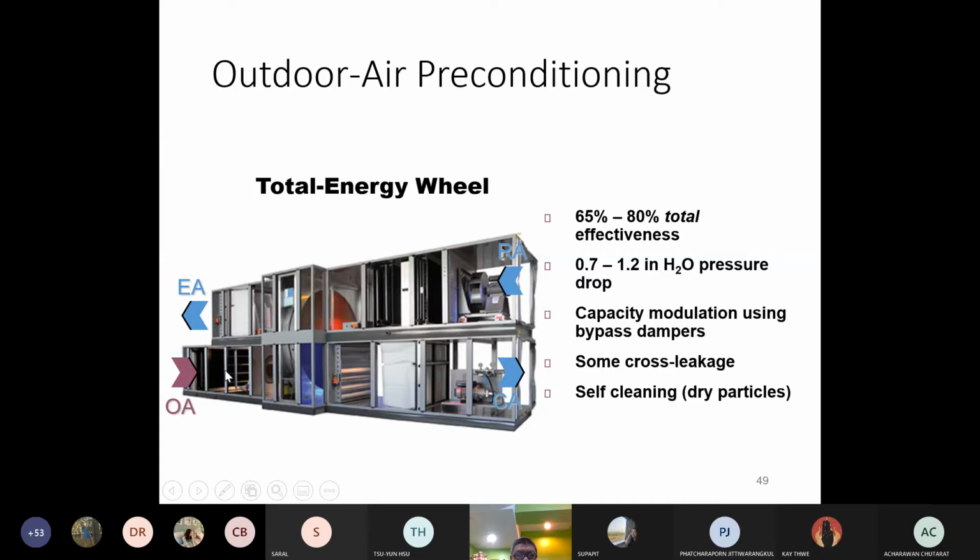So when it is hot and humid, it passes the filter and passes the heat wheel, the total energy wheel. This wheel exchanges the air going out and the air going in, and exchanges the heat. So the outside air will be colder.